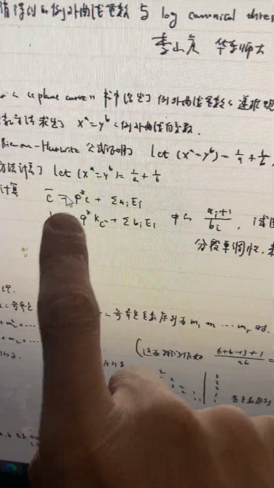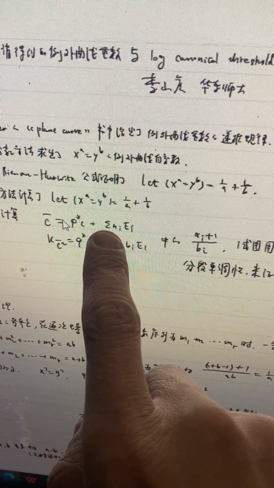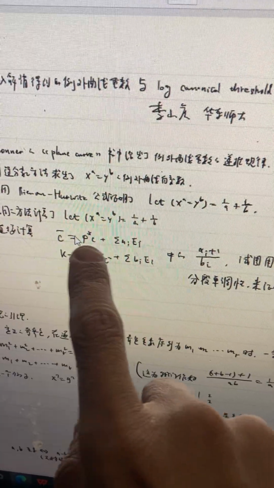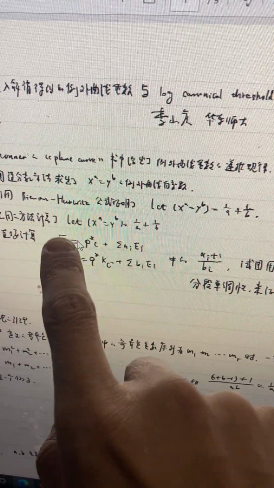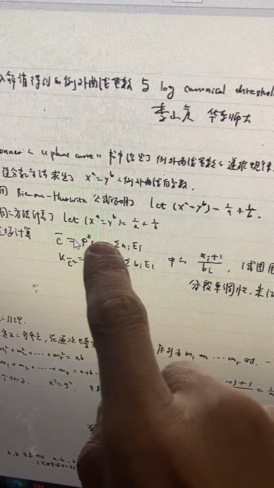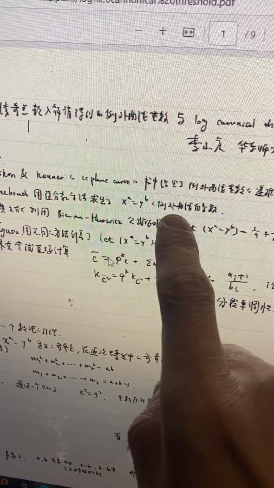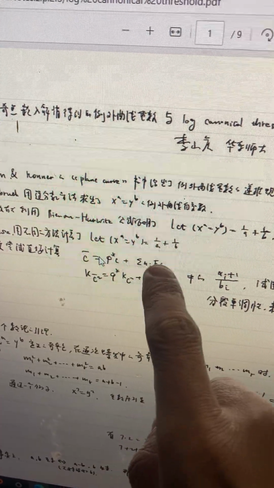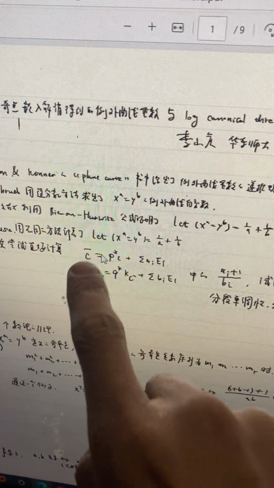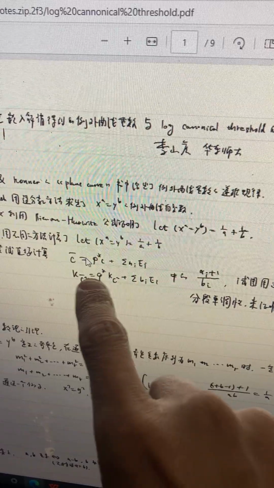Okay, here C bar equals phi star C plus sigma Ni Ei. This is the fibers blown up from 0, 0. Here the Ei are the exceptional curves. The canonical divisor also should be calculated.